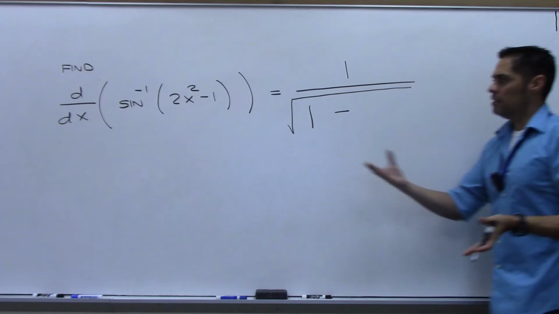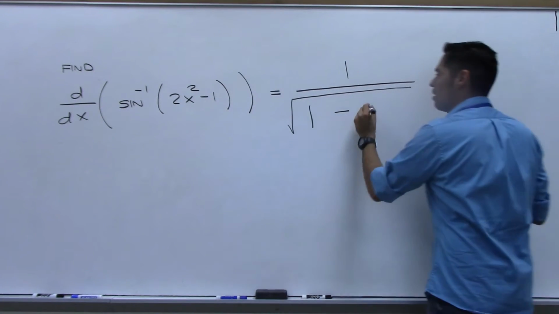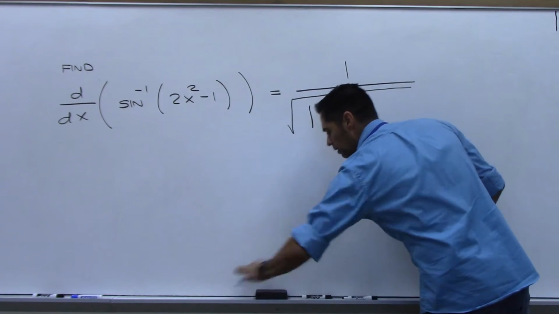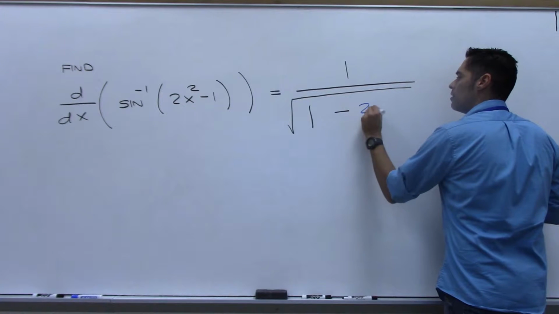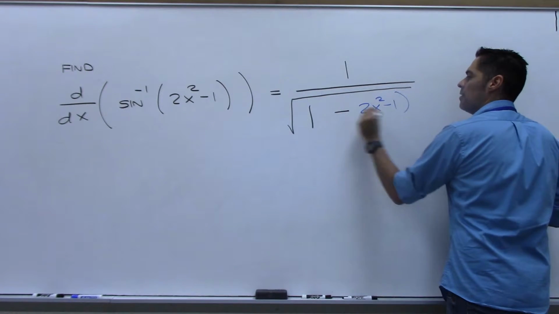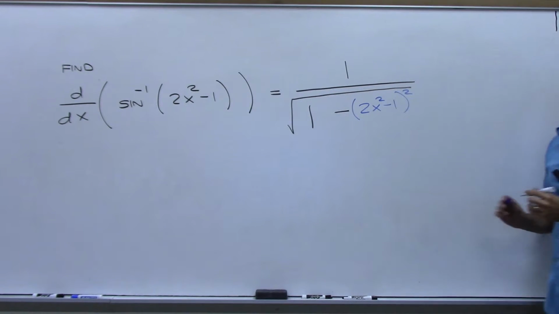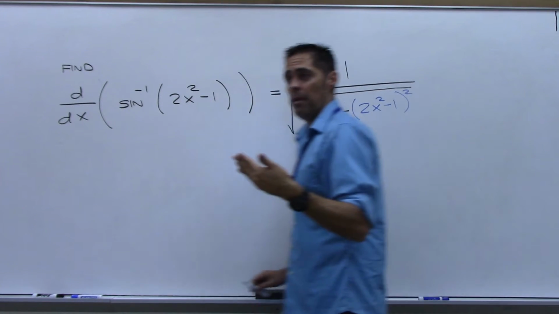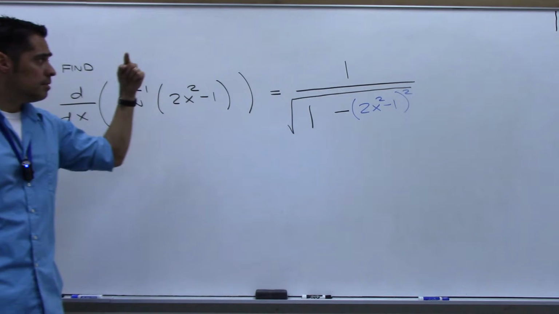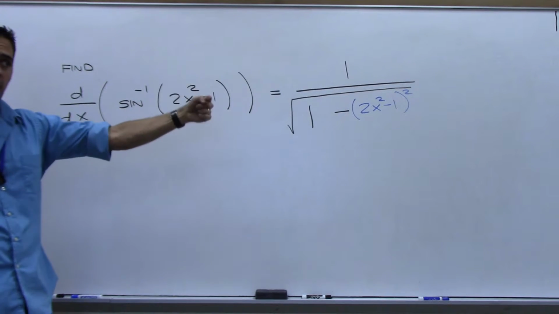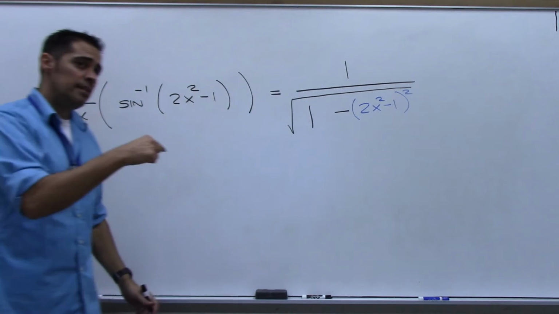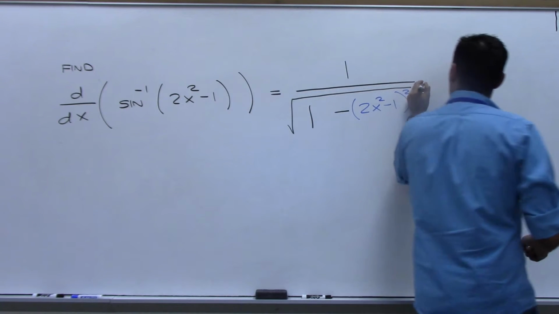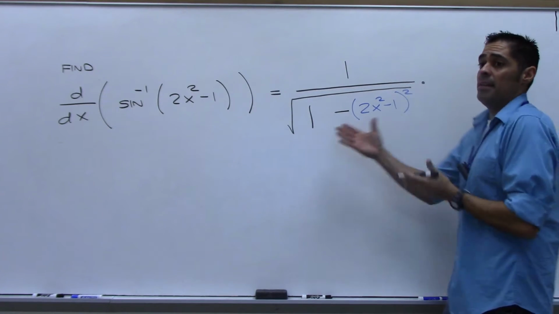It's what? 2x squared minus 1. So that goes here. I'll do it in a different color. 2x squared minus 1, but then squared, right? So that's the formula we just came up with: 1 over the square root of 1 minus x squared. Then, chain rule, times the derivative of what's in here.